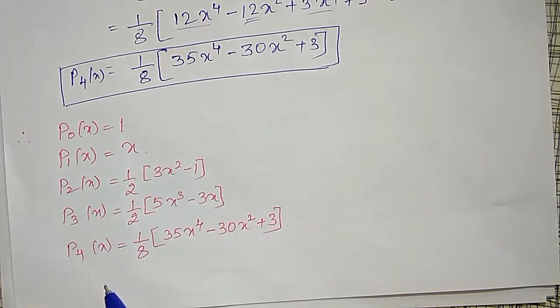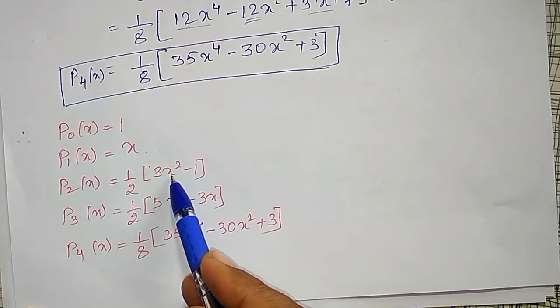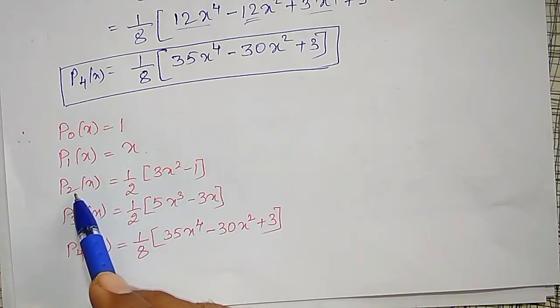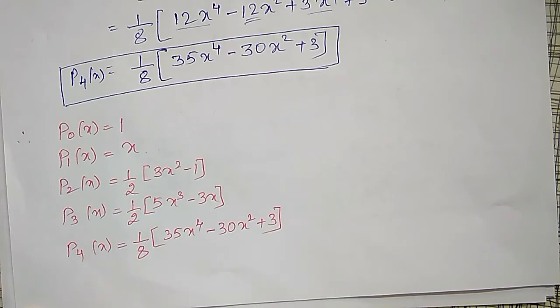Using these, polynomials can be expressed in Legendre's polynomials. x can be expressed as P1 of x. Therefore, x square I can express in terms of P2 of x, P1 of x, P0 of x. Using this, let me solve the examples.